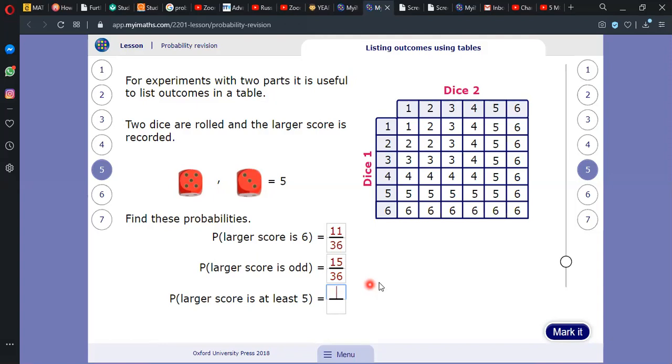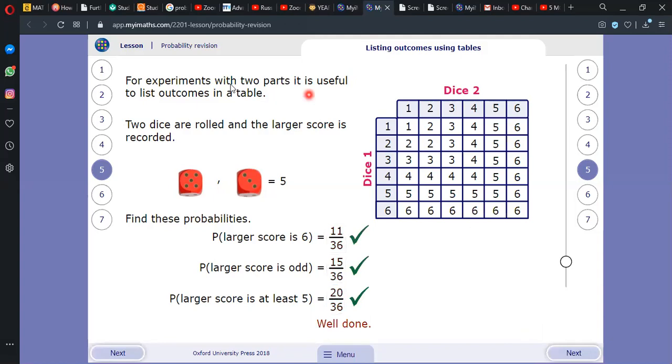So that is the meaning of at least 5. The above is just 6. So we have 1, 2, 3, 4, 5, 6, 7, 8, 9. And then over here we have 11. So 11 plus 9 should give 20. So that should be 20 over 36.